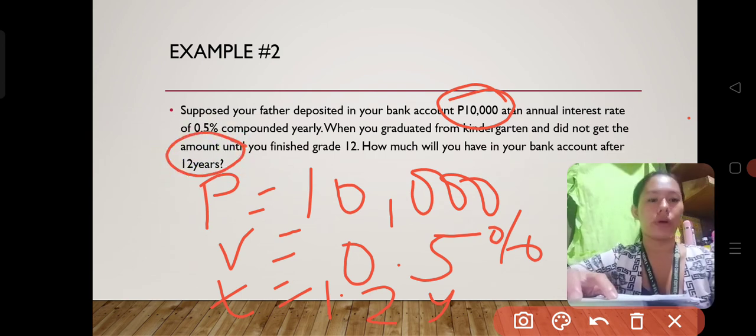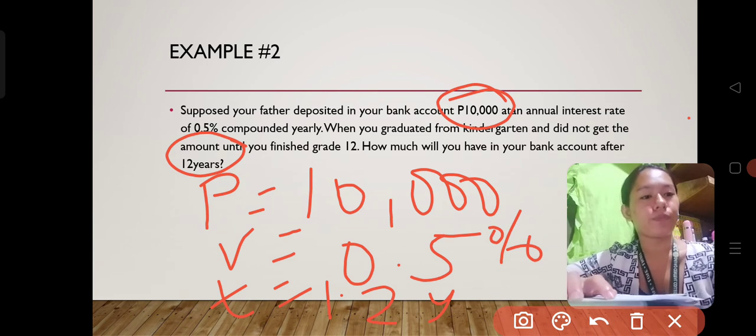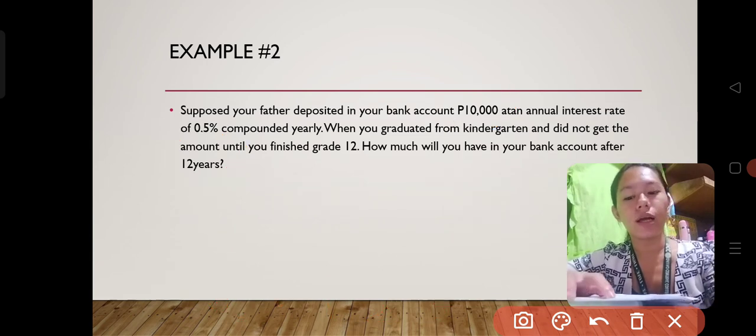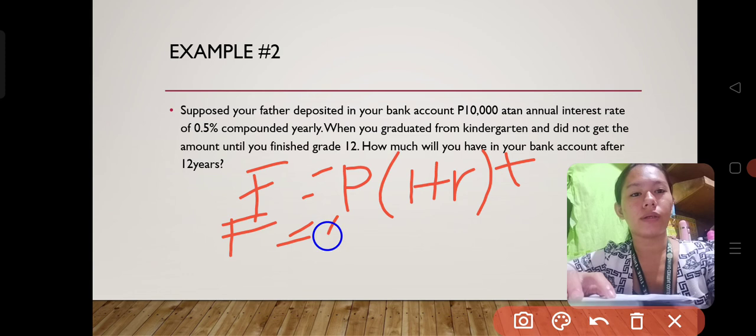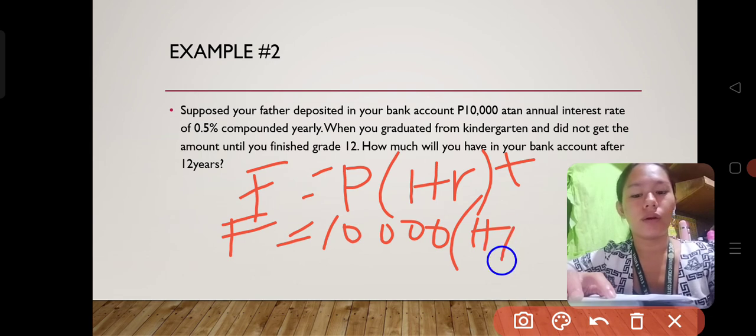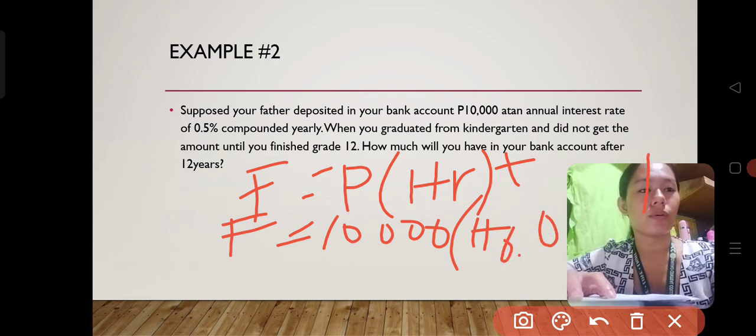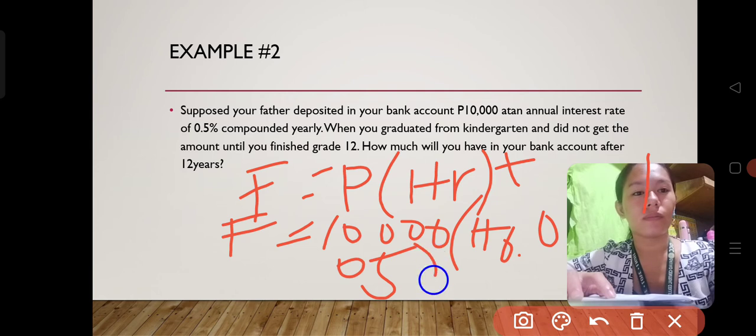Then, the formula is P times 1 plus R to the power of T. So, our principal is 10,000 times 1 plus 0.005 to the power of 12.